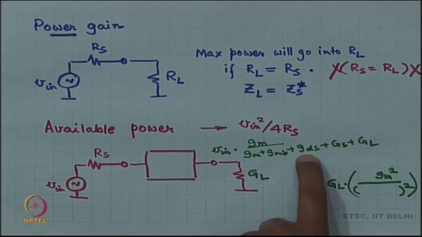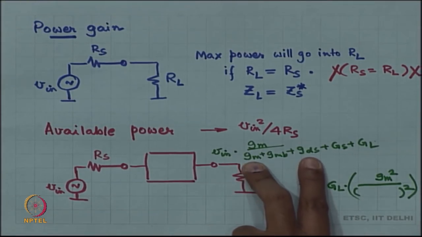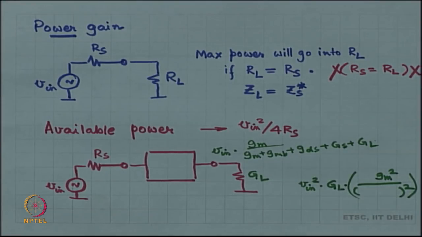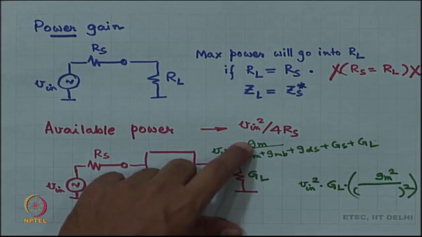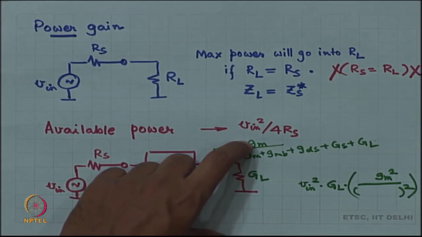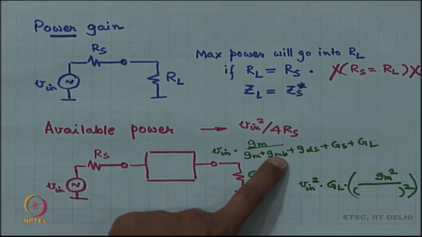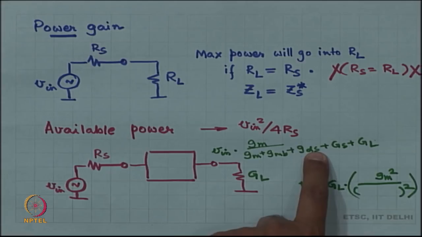GDS is very small compared to GM. GMB is also a fraction of GM. Typically, the fraction is of the order of 1/3 or 1/4, something like that. So, for example, let us say GM is 4 units, this is 1, 5, GDS is nothing, or 0.1 or something like that.